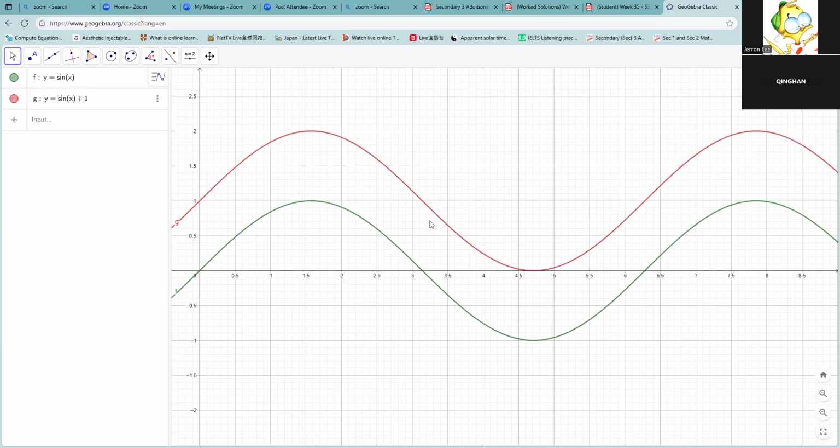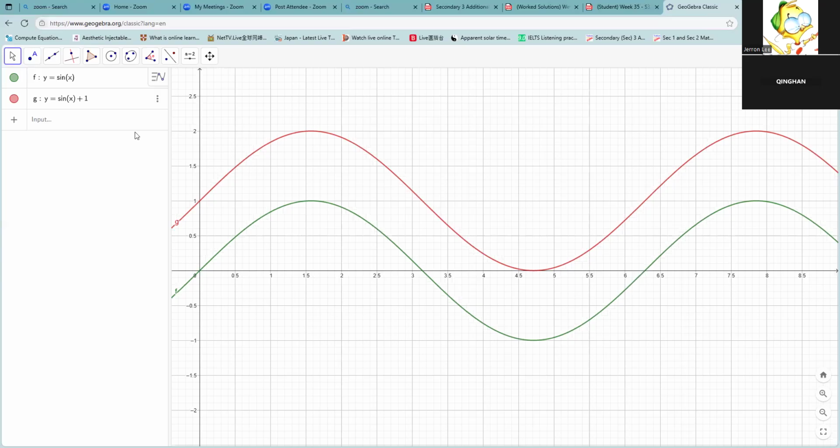This literally moved the sine wave up by 1 unit. Let's say for instance it's supposed to be 0, so it didn't start at 0 anymore, because when it is supposed to be 0, we add 1 to that, so it moved up by 1 step.